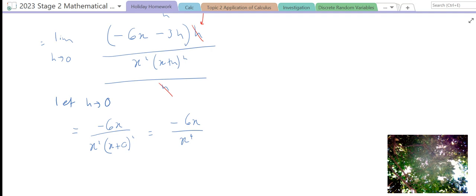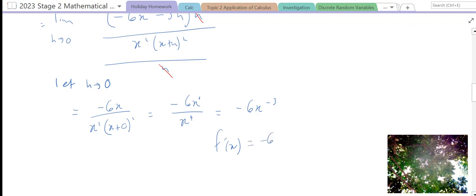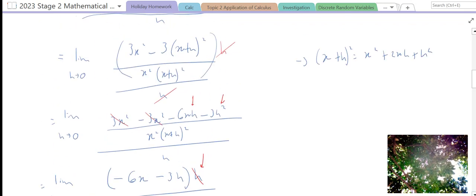Because x plus 0 is just x, all squared is x squared, times x squared is x to the power of 4. This is then minus 6x to the minus 3, because you've got a power of 1 at the top and 4 at the bottom, which cancels out to minus 3, which is, well, that is our answer. F dash x is minus 6x to the minus 3, which is exactly what we had at the start.